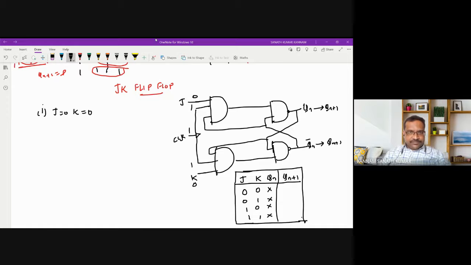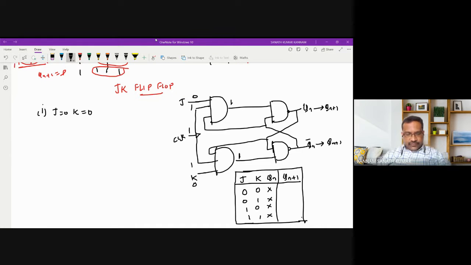Okay. So what happens, when J equal to 0, K equal to 0, so 0 into 1 is how much, here you are getting 1, and 0 into 1 means here you are getting 1.